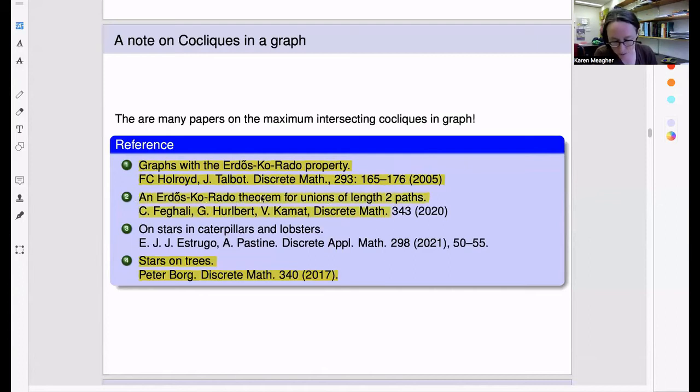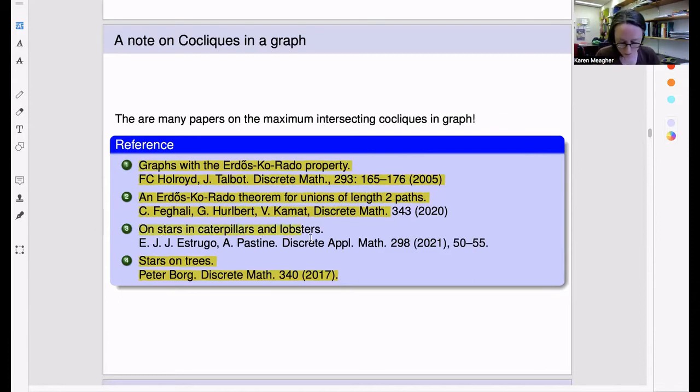There's this paper where they look at the question for the union of paths of length 2. People don't typically get too worked up about a graph that's a union of paths of length 2, because you're like, that's a pretty simple graph. But even for graphs that simple, asking whether or not they have the EKR property is kind of tricksy.